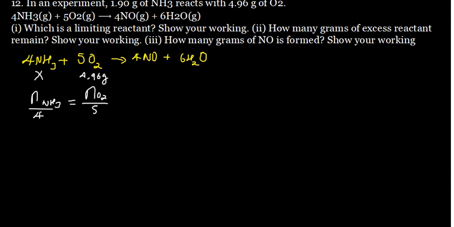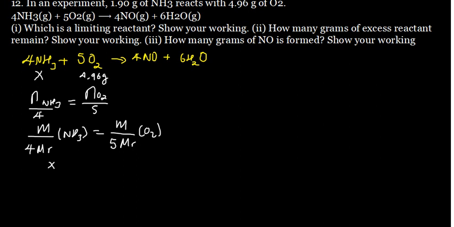The number of moles is given by mass over molar mass, but we have got a 4, so that will be 4 times the molar mass. This is for ammonia. So it's going to be equal to the mass divided by 5 times the molar mass. This is going to be for oxygen. So the mass for ammonia, let's say we don't know, so I'm going to put X there since that's what we want to find, divided by 4 times the molar mass for ammonia.